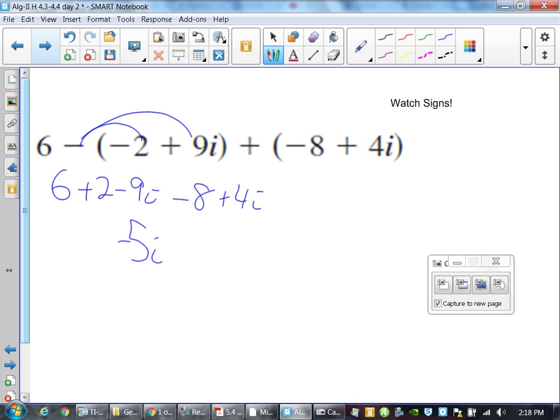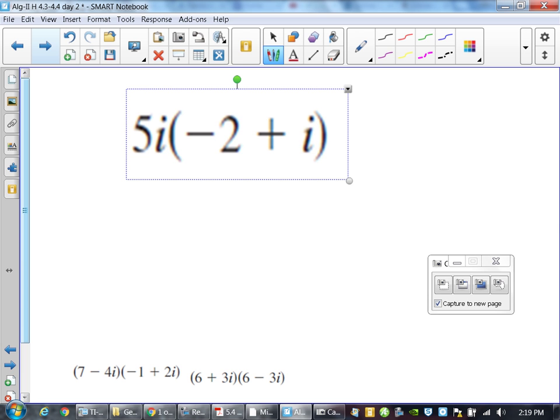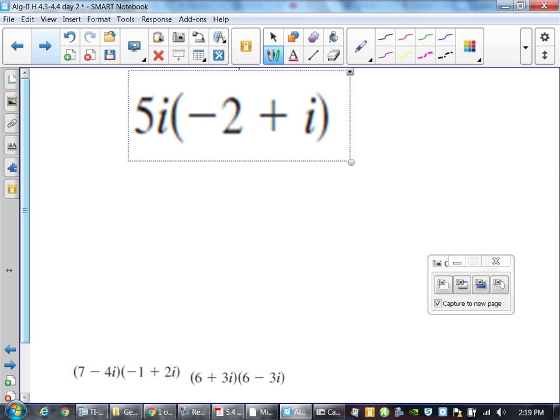Let's try another one. So you have 5i times the quantity negative 2 plus i, which means we have to do what? Distribute. Multiply.